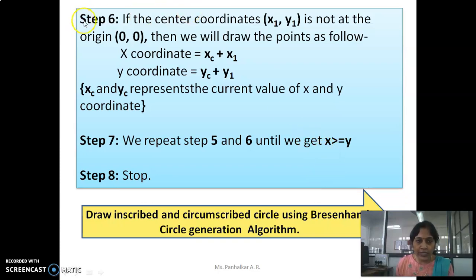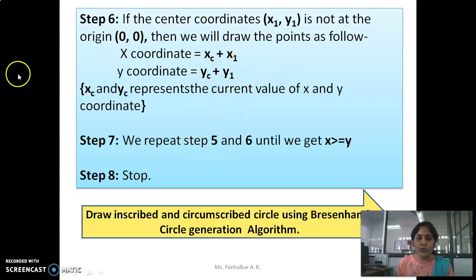Now the next step, step 6, is that if our center is not at 0, 0, then every time while plotting xk plus 1, yk plus 1, we perform these changes. To x we add our required center point, and to y we add our required center point.